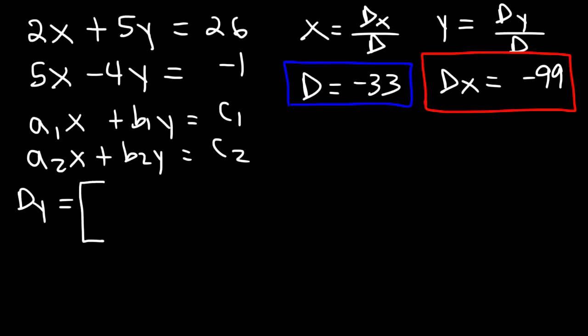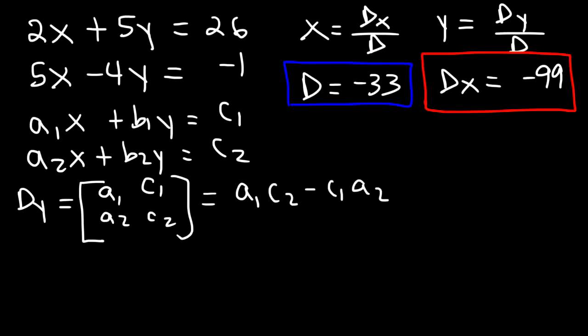Now for this one, we're going to take out the coefficients of y and replace them with c1 and c2. So the elements of dy are going to be a1, a2, c1, and c2. So it's going to equal a1 c2 minus c1 a2. So that's the determinant of that matrix. Now a1 is 2, a2 is 5, c1 is 26, c2 is negative 1.